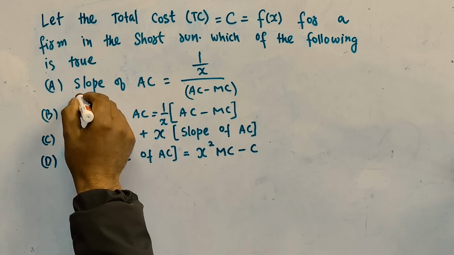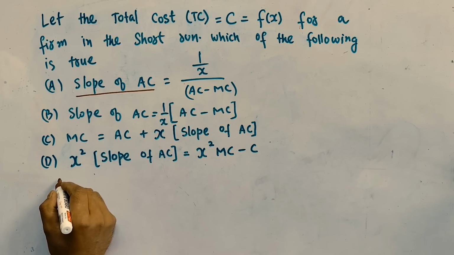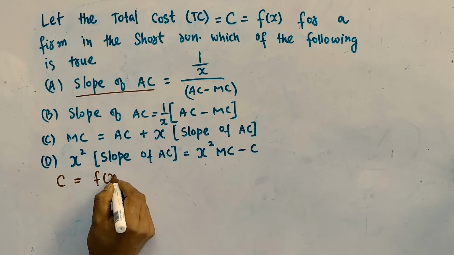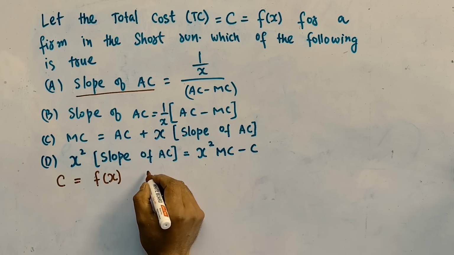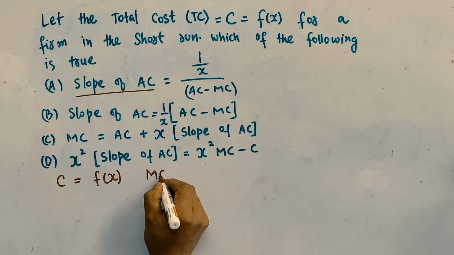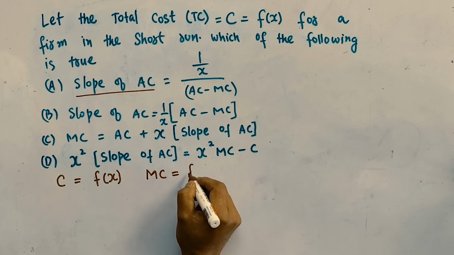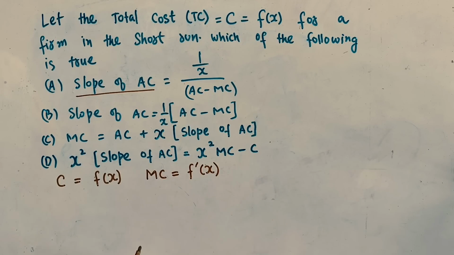So let us see what the slope of average cost is first. Total cost is being given to us: total cost is equal to f of x. Now we know that marginal cost is simply the change in the total cost, that is f prime x, the change in the total cost due to the change in x.